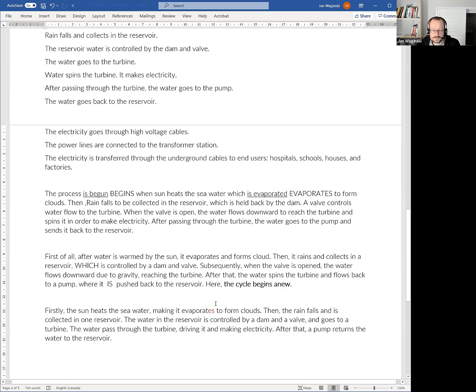We're on Marcella's now. Collected in one reservoir. In a reservoir means one. Controlled is not the best word here.